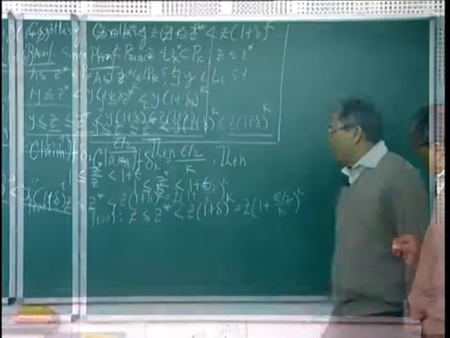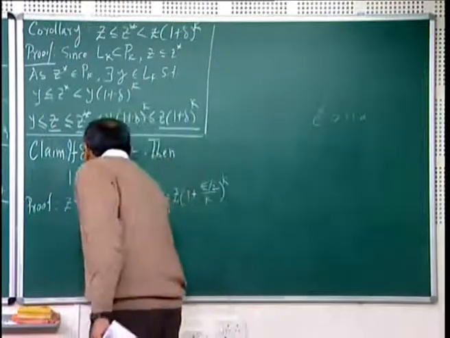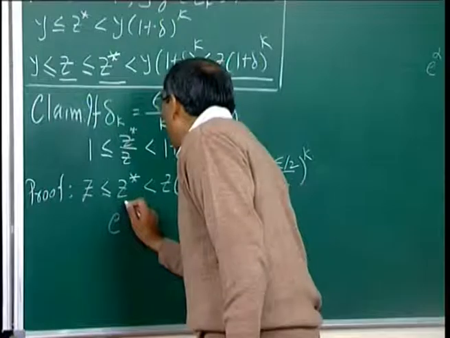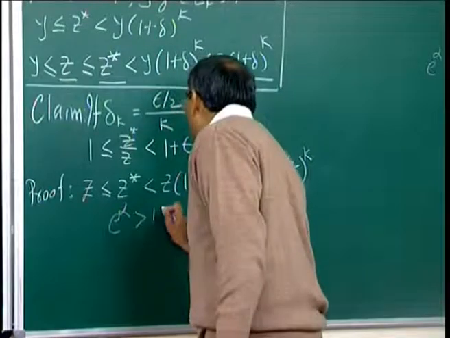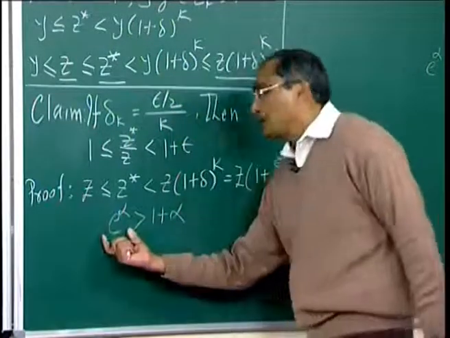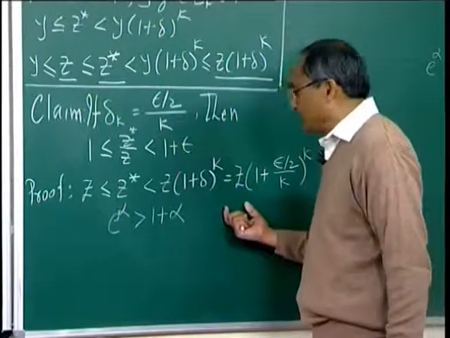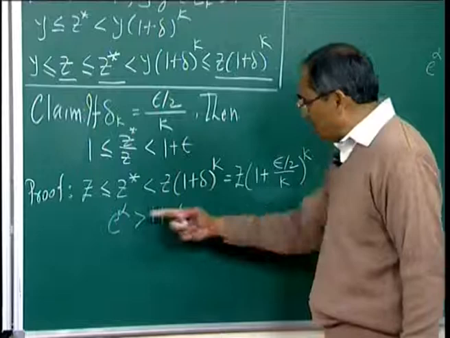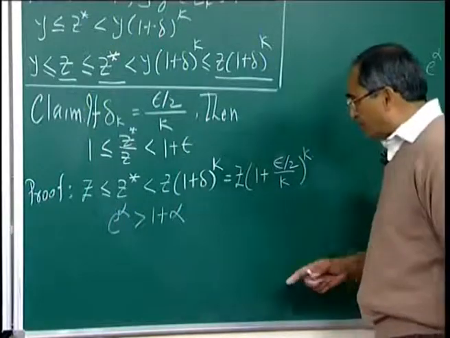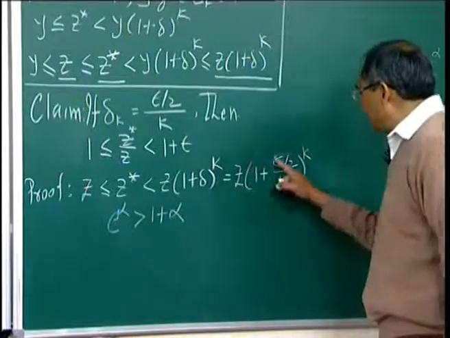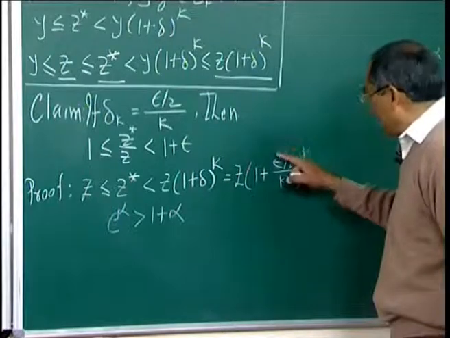All right. So, now let us use this inequality, e to the power alpha is greater than 1 plus alpha, the expansion of e power alpha is 1 plus alpha plus alpha square by 2 factorial plus alpha cube by 3 factorial and so on. So, this is there. Let us use this and take this as alpha.